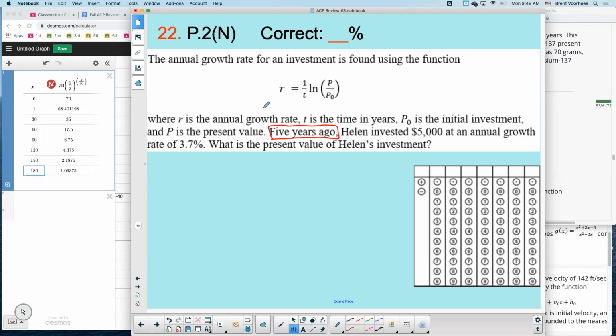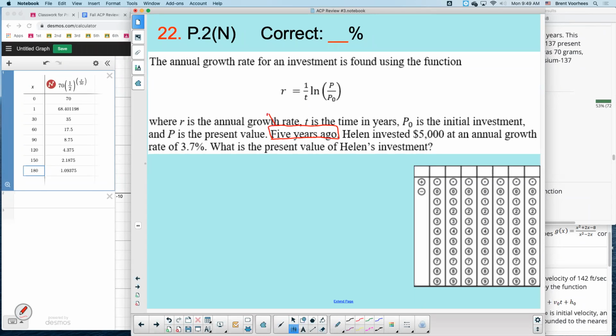So that means T is 5. T equals 5. 5 years ago, Helen invested 5,000. Okay, so next question I have for you is, where does 5,000 go? Is it the current amount or the initial amount? Is it the initial or the present value?